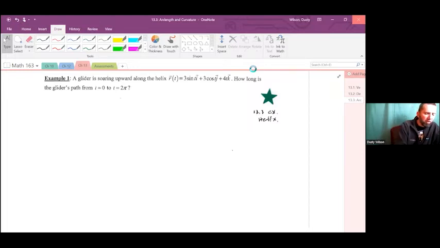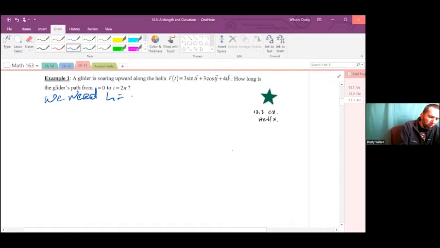To solve this, we need to find the length of the curve, so we need L. We remember that L is equal to the integral from 0 to 2π of the magnitude of r'(t) dt, where r(t) is the function above.